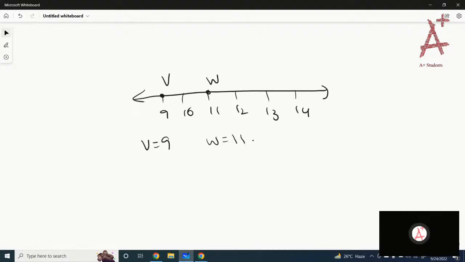So for the midpoint, you have to add them, 9 plus 11 over 2. So 9 plus 11 is 20 and 20 divided by 2 is 10. Technically, if you don't want to add them, you can see there is just one point in between them, and that one is the midpoint of both points. So the midpoint is 10. Select the correct option and click on the OK button.